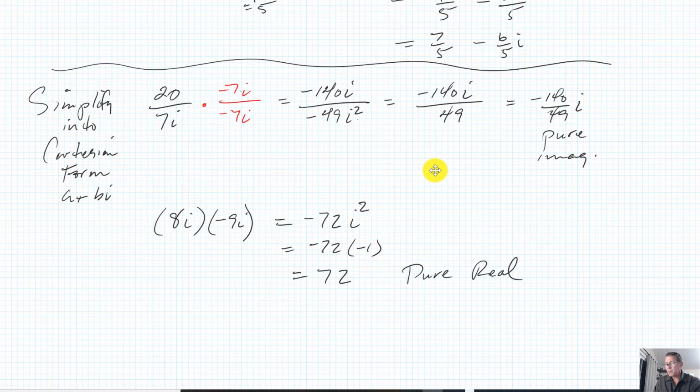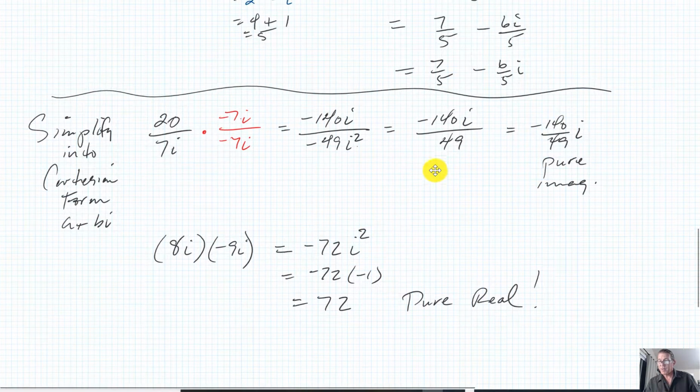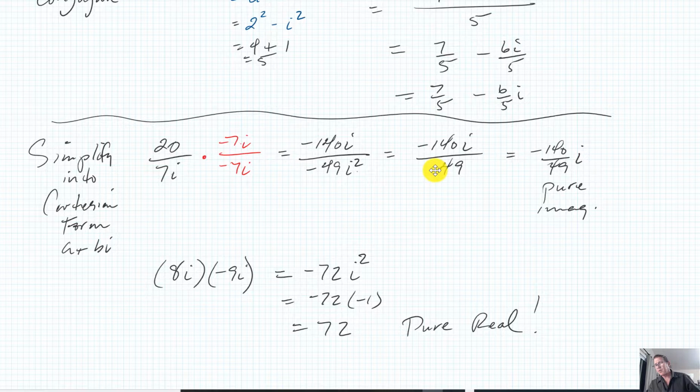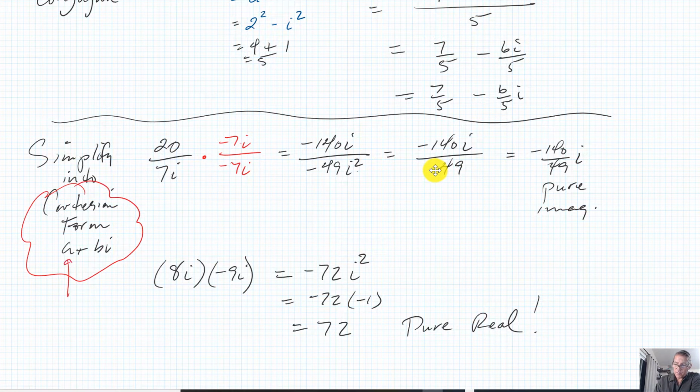So it depends on what you're given. Are you adding, subtracting, multiplying, dividing? Sometimes they end up being a little bit of real and imaginary both, like a complex number, or sometimes it's pure real, which is still complex, but it's just pure real, like 72. Sometimes it ends up being pure imaginary, but they're all complex numbers, okay? Because whenever you take a real and add it to an imaginary, you get a complex number, which is in what's called Cartesian form, right? a is real.